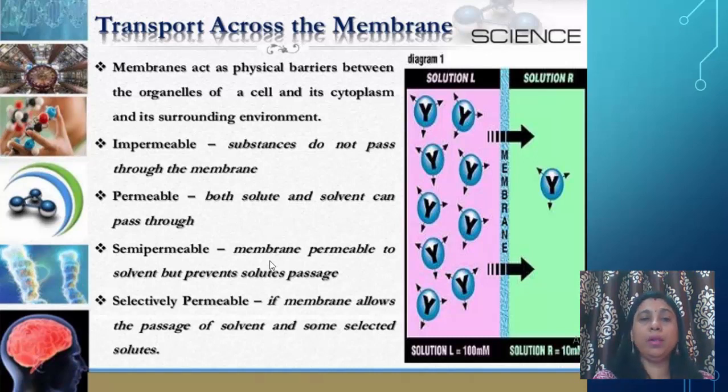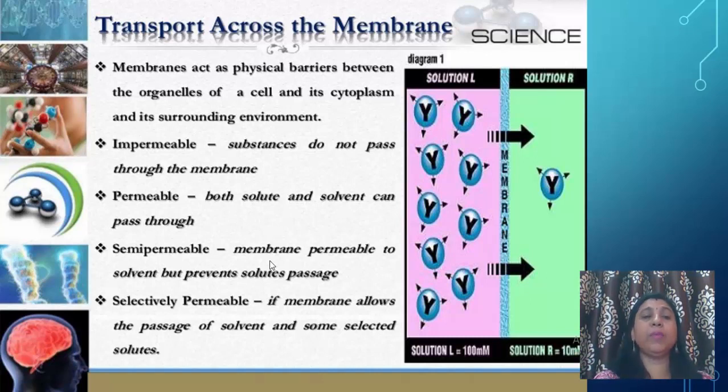If it is permeable, both solute and solvent can pass through, means solute and solvent both can come inside. If it is semi-permeable, the membrane permits the solvent but prevents solute's passage. In semi-permeable, solvent can come inside but solute cannot.